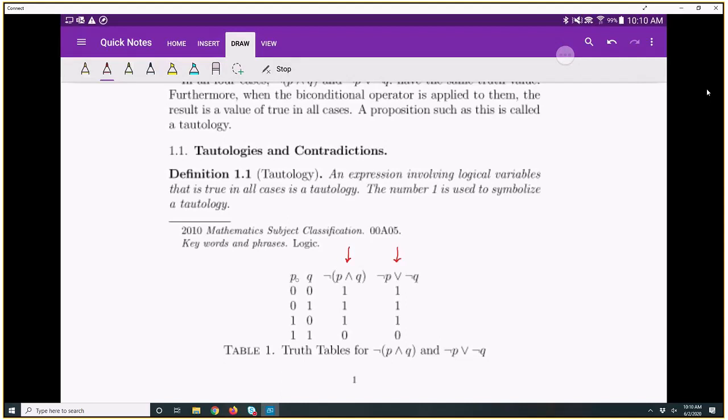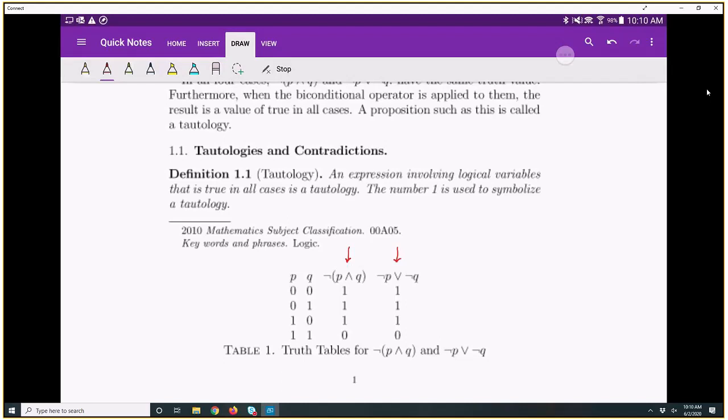If P is false but Q is true, then again, the first column is true, the second one is true. If P is true, Q is false, then we have true and true. And if P is true, Q is true, then these 2 columns are both false. So these are equivalent logical expressions.